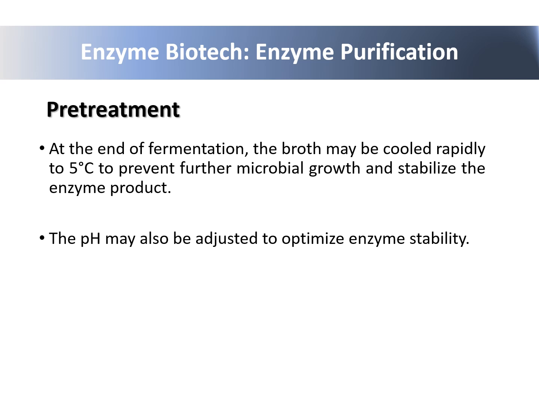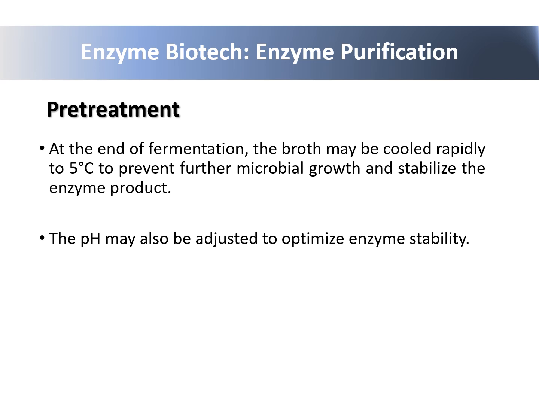You can also monitor and change the pH right after the growth of the microorganism from fermenters or from your flask, whichever part you are dealing with. So that's part of pretreatment.